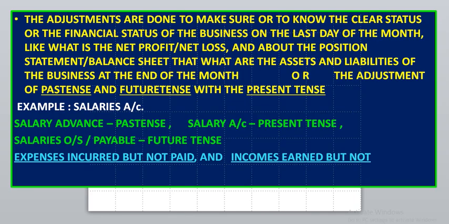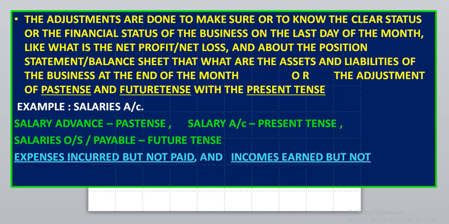Salary advance is generally given in the initial month, when the month starts, like the 5th or within the 10th of the month. Salary advance is in past tense. The salary account is in present tense, and salaries outstanding or payable is future tense.